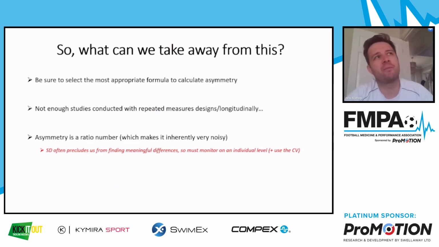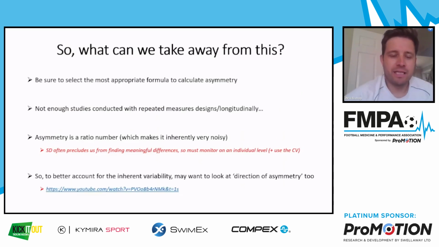And if you have to monitor something on an individual level, we need a way of making sure that it provides us with meaningful information, and comparing that asymmetry value to the coefficient of variation can help us do that by differentiating between the signal and the noise. We talk about differentiating between the signal and the noise quite a lot in performance testing data, so in reality, asymmetry should be no different.